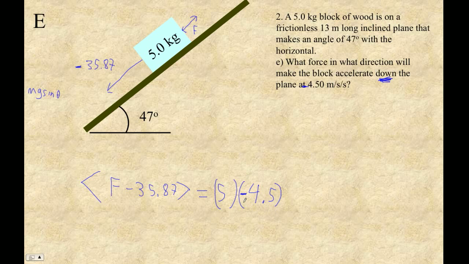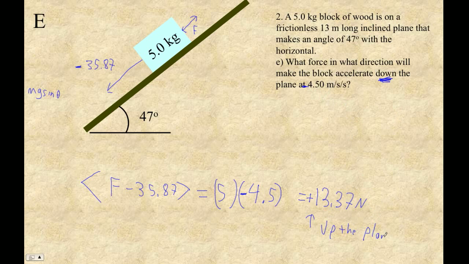So I'm going to go 5 times negative 4.5, and then add 35.87, and I get 13.37. That's Newton's law. The fact that it comes out positive means that it's up the plane. It's not that because it's accelerating down the plane, it's a force down the plane.